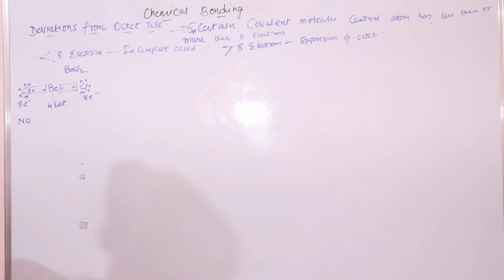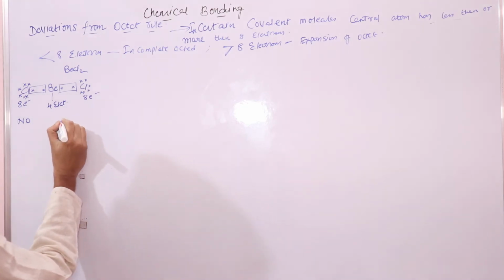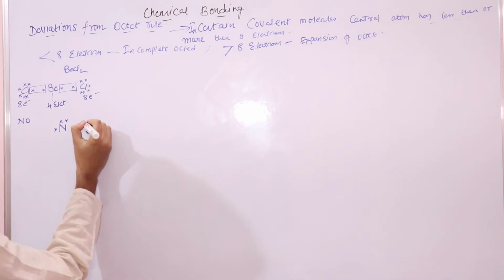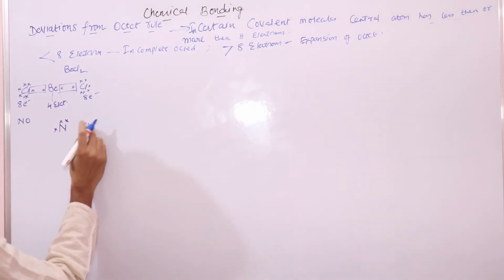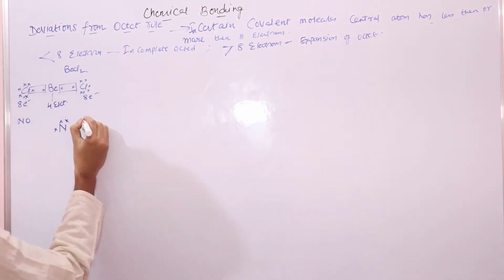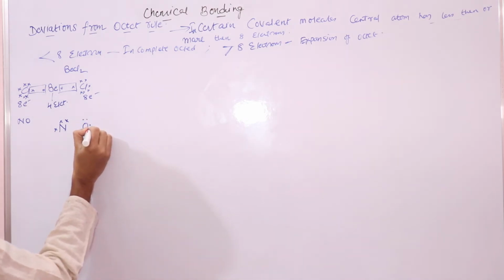Now let's see which one of these is incomplete octet. Nitrogen is like this. Similarly, oxygen is like this.